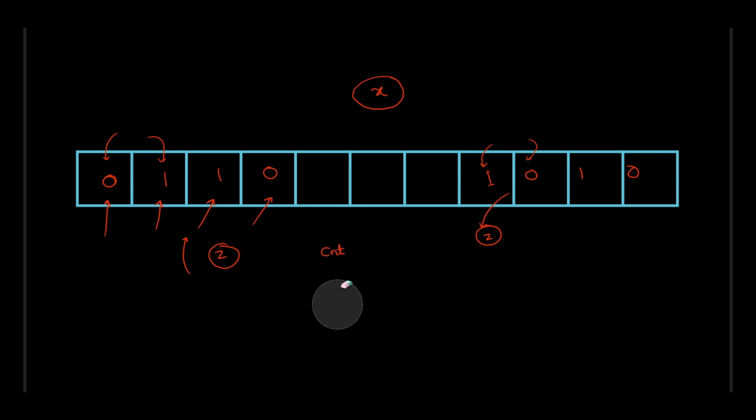So let's say for any bit mask, you maintain the count of ones, count of set bits. Let's say this count is CNT of mask. This count of mask represents how many set bits there are in the mask.